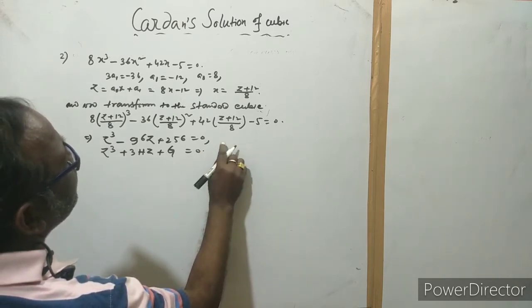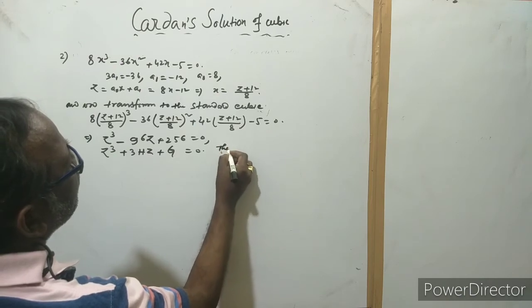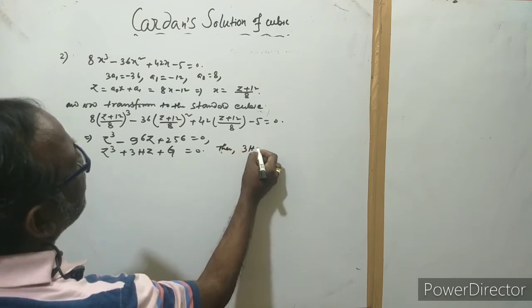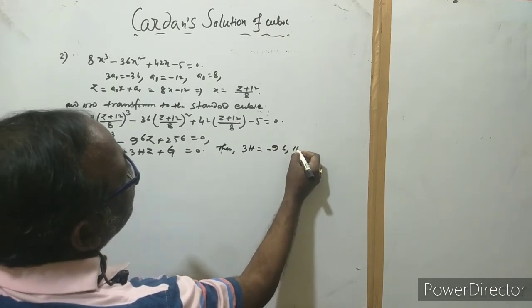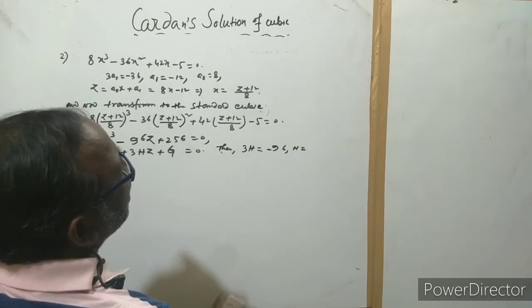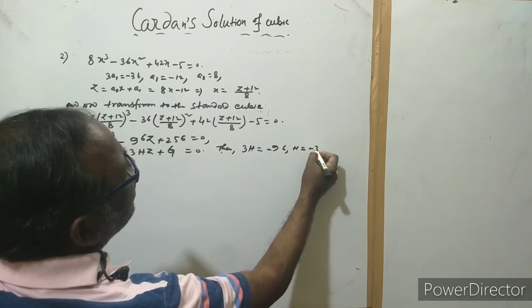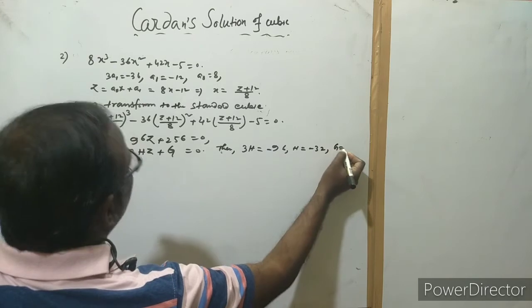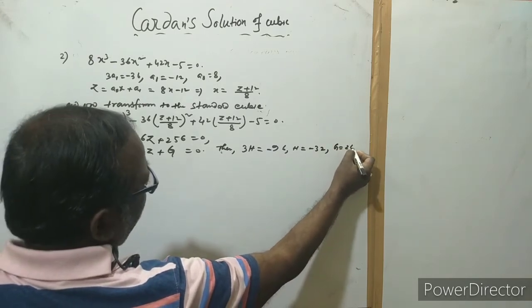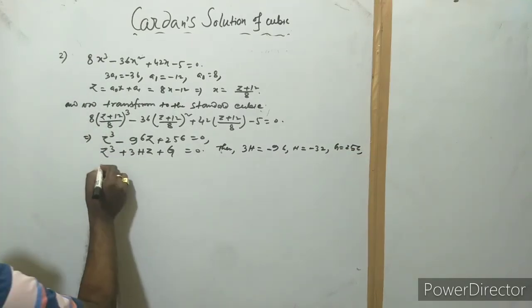Then 3h is equal to minus 96. So h is equal to minus 32. And g is equal to 256. Okay.